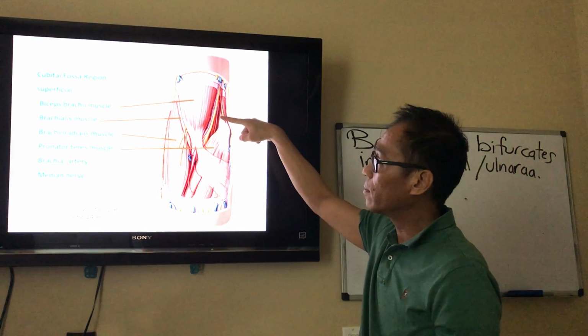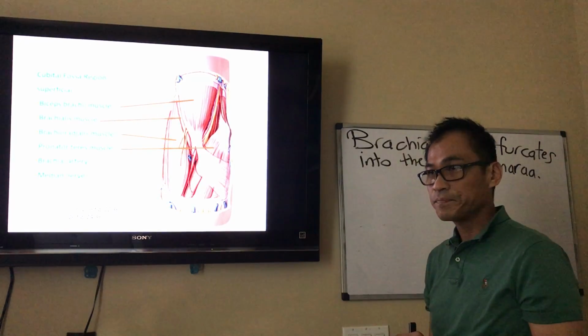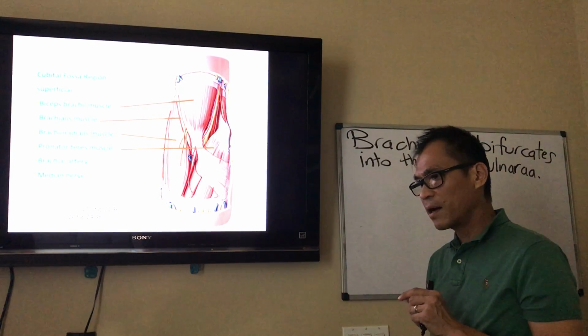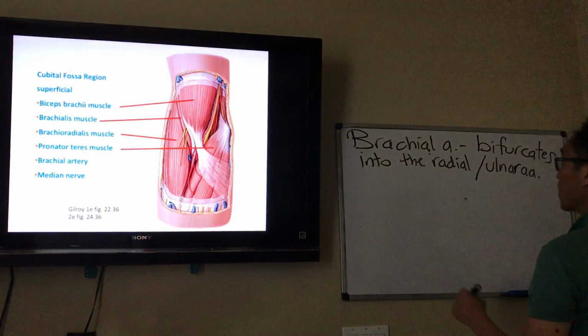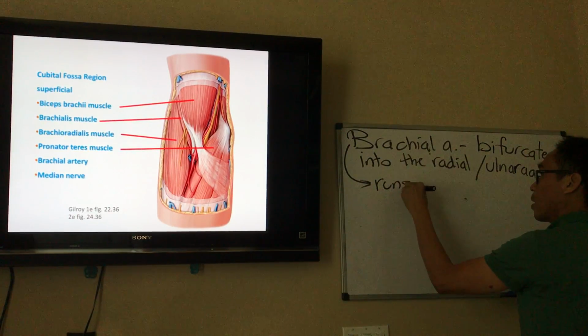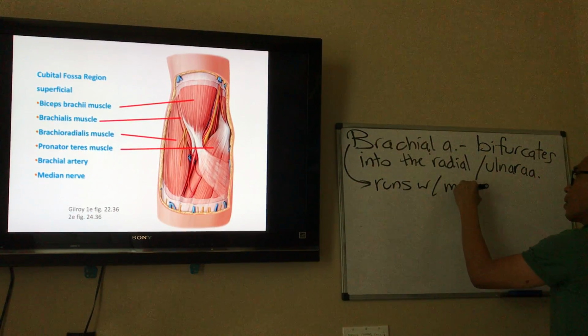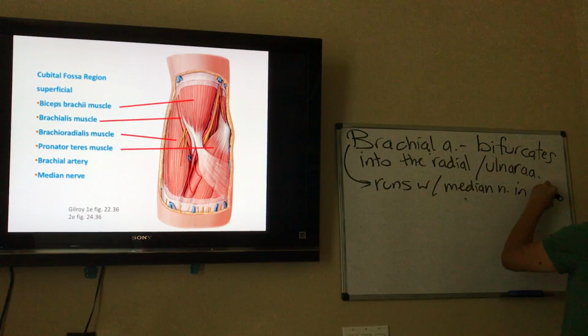The brachial artery runs with the median nerve. Okay, so if you ever see that, I'll put that as a side note. Runs with the median nerve in the ACF.